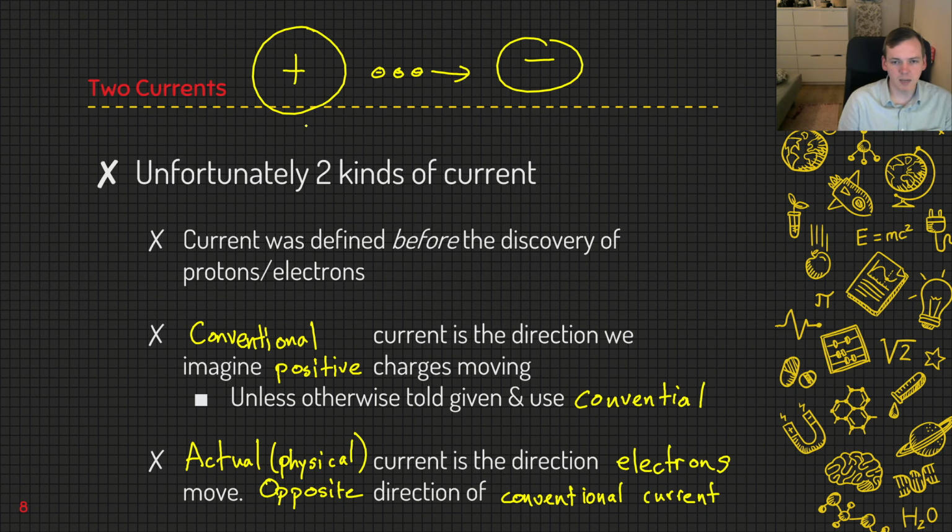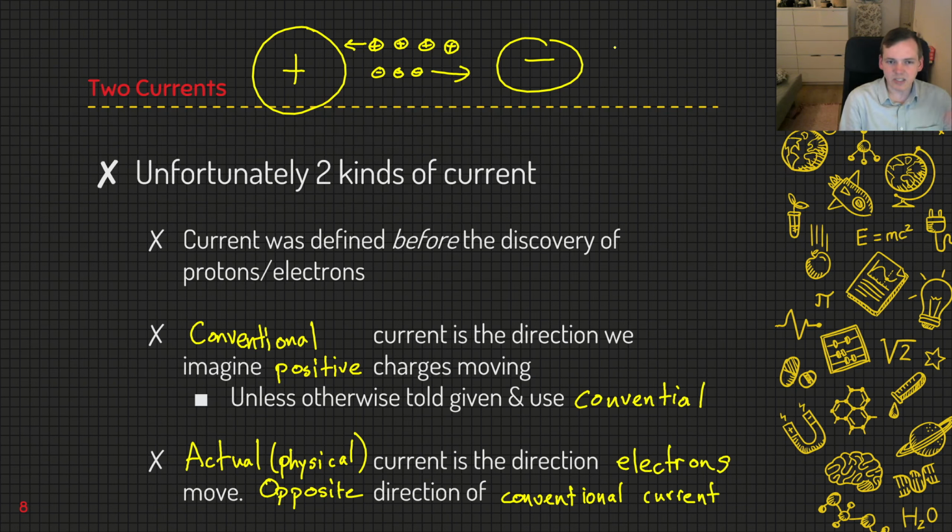When scientists originally were looking at electricity, they had these things that they called positive and negative, and they said current is when charge moves from one place to another, and we'll just say it's when the positive charge moves. Later on, it was discovered that the thing that's actually moving is the negative piece.